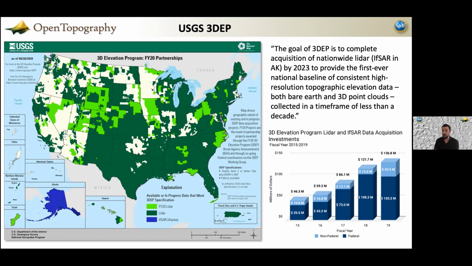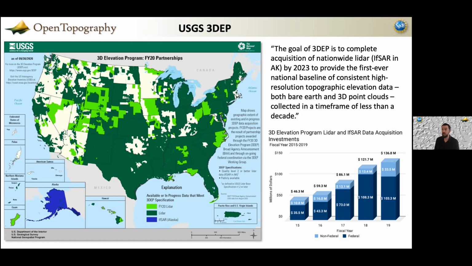FY20 are data sets that are either in process or will be collected and will eventually become available. This is the data set that we're talking about exposing through OpenTopography. It's really exciting because it suddenly fills in the map. It covers a good chunk of the United States with very high quality data.